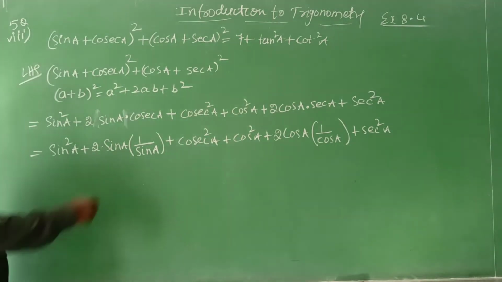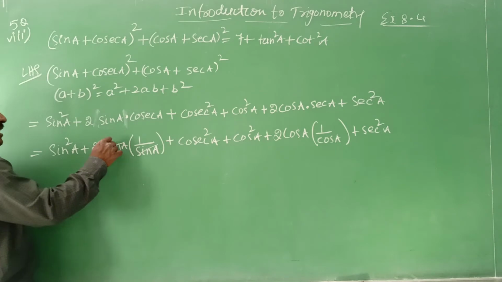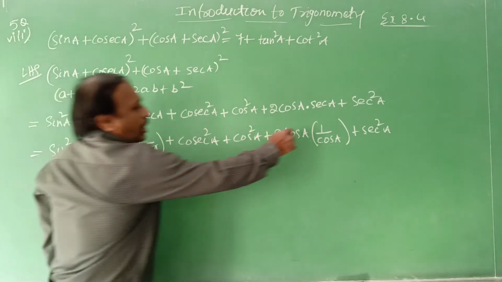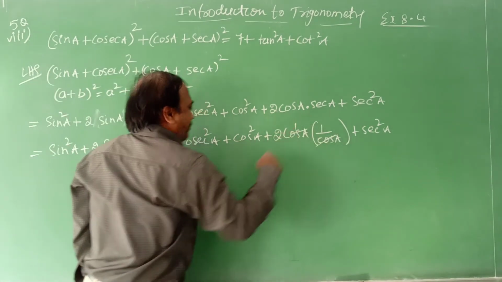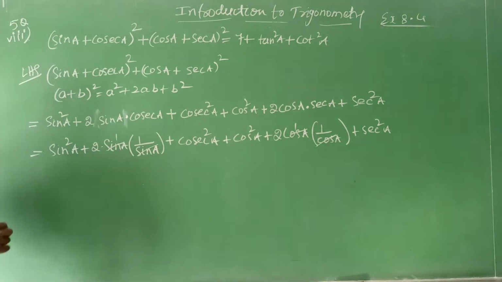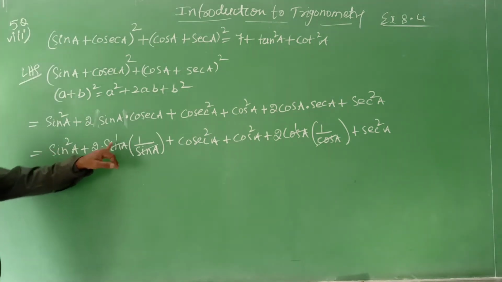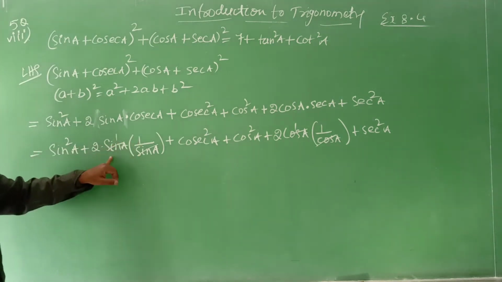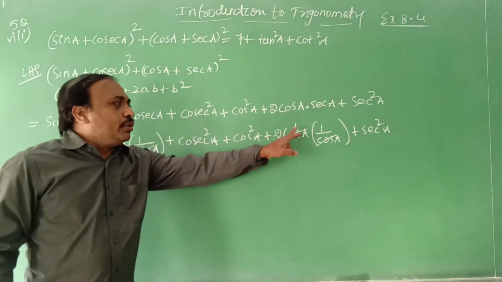Now sin A one time gets cancelled and cos A one time gets cancelled. Now you observe it: 2 into 1, 2, and here also 2 into 1, 2.